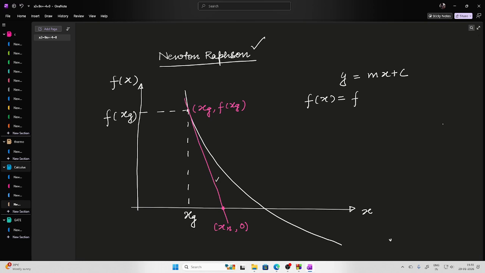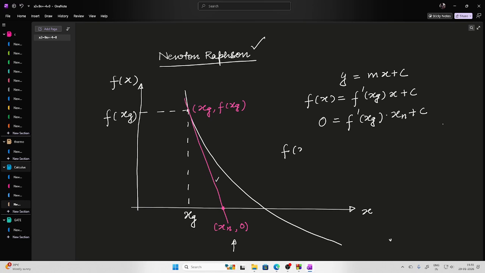So this is nothing but the derivative at x guess, times x, plus c. Now, how to find this c? We will be using this point to evaluate c. How? We know that when x is xn, the function value becomes 0. So 0 = f'(x guess) times xn plus c.